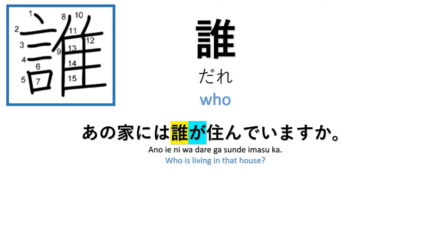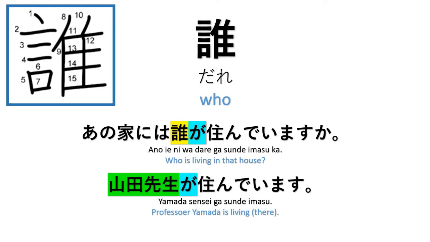And here, of course, it can be followed by dare ga. Ano ie ni wa dare ga sundemasu ka? Who is living in that house? Yamada sensei ga sundemasu.